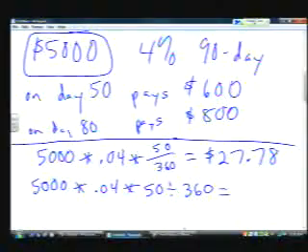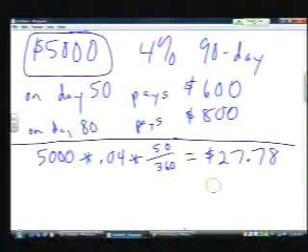So that is the amount of interest that you owe on day 50. You don't owe the $600 anymore, but you paid off some interest. Now, you're not going to reduce the principal by $600. Do not get confused about this.